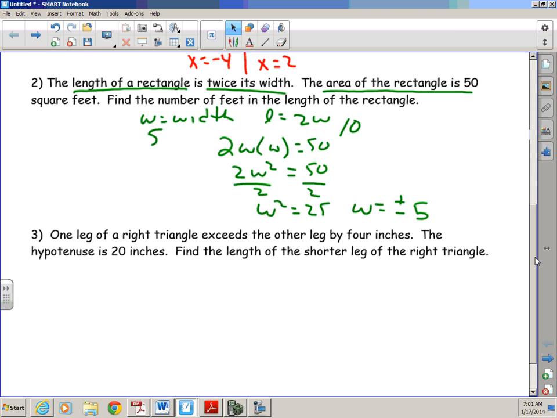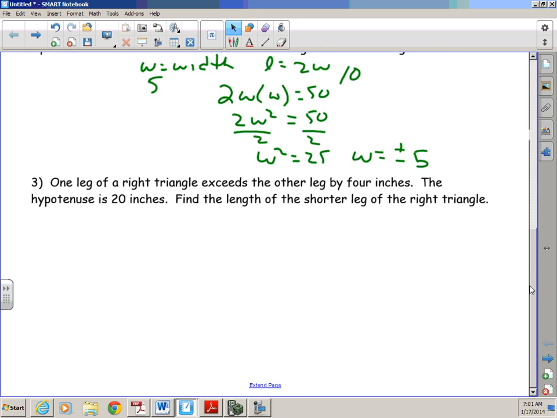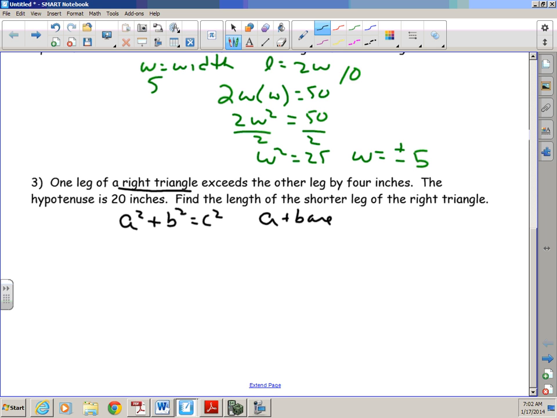Okay? Next one. You should be familiar with the Pythagorean theorem. So let's just make sure. The Pythagorean theorem is a squared plus b squared equals c squared. This applies to a right triangle only. A and b are the legs, and c is the hypotenuse, which is the longest side, the diagonal side. Okay? So, I have 2 legs. One leg I'll call x.